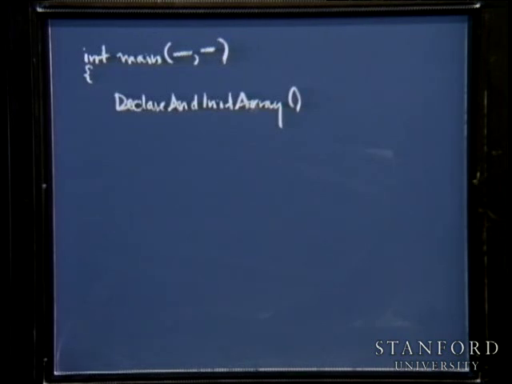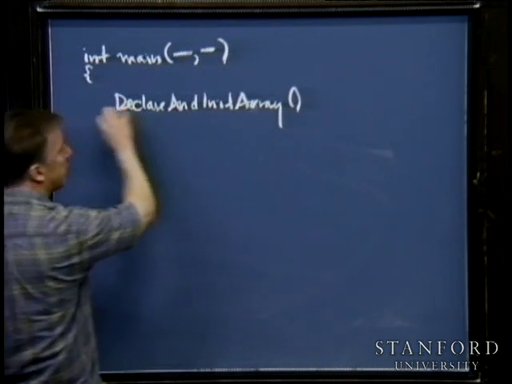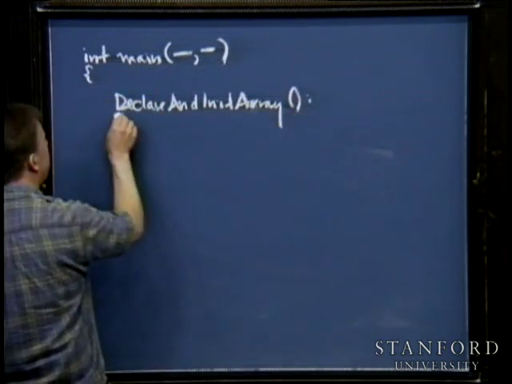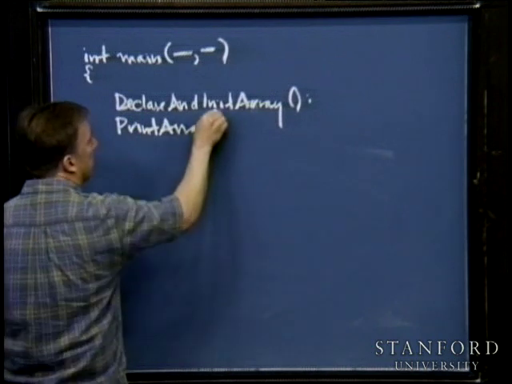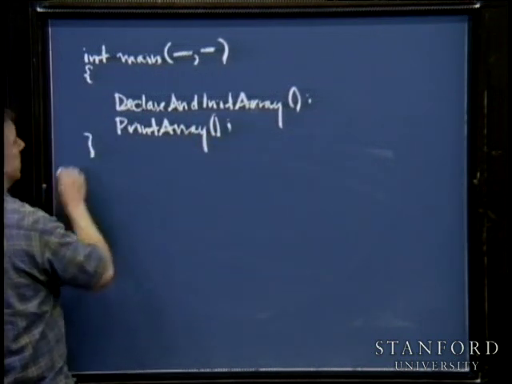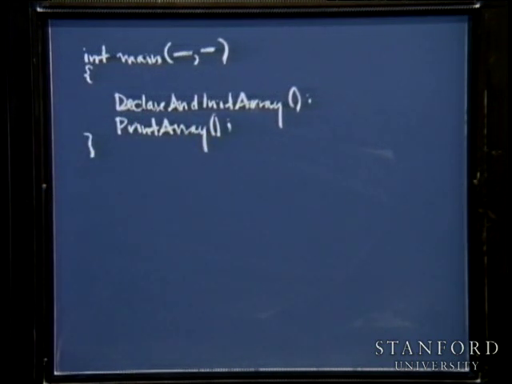But imagine a cs106a programmer in like week 4 learning C instead of Java, and they just don't have arrays and parameter passing down. So they have this right here, and then afterwards they have this thing called print array, and that is it. Okay, now unless there are global variables involved, there's no legitimate, even though we don't like globals, it still would be a legitimate way to communicate information between function calls.